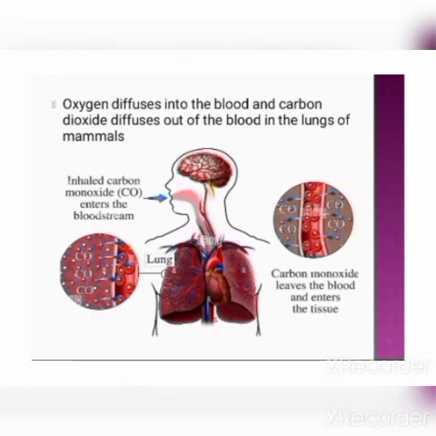This then diffuses into the nearest capillary into the bloodstream. The oxygen is then carried by the red blood cells into the deficient areas of the body, or where the body needs oxygen. And this is diffusion.